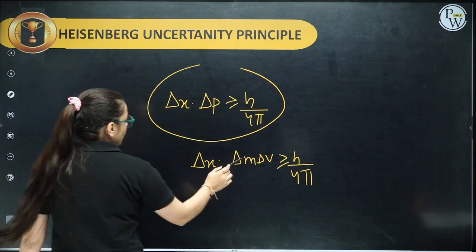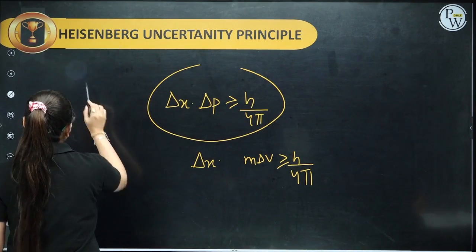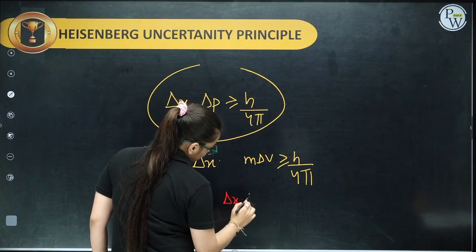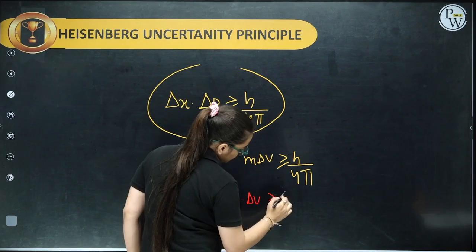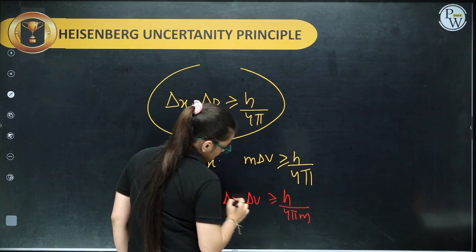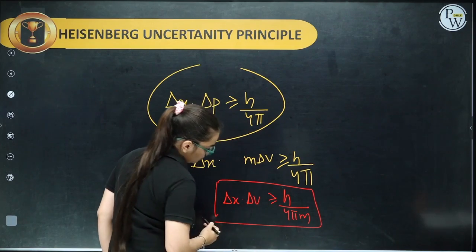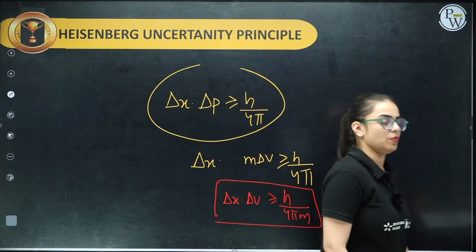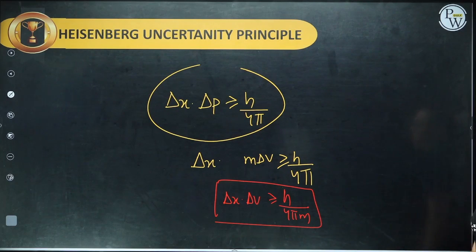So one more formula you can obtain is take this m onto the other side. Previously a year, a question was asked upon this. Delta x into delta v is more or equal to h by 4 pi m. Okay students, clear?